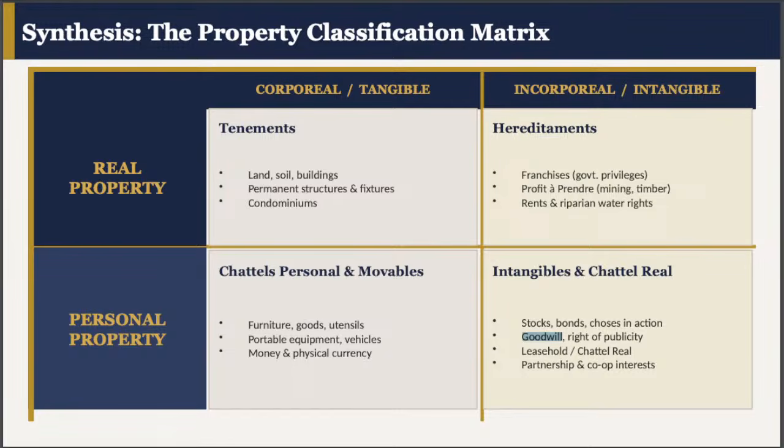Goodwill is intangible, and chattel real, partnership and co-op interests. So the co-op interest, shares in a co-op, is intangible and chattel real. You never own the buildings or the industries, you own shares, which is intangible. And goodwill, again, is intangible property. Interesting.